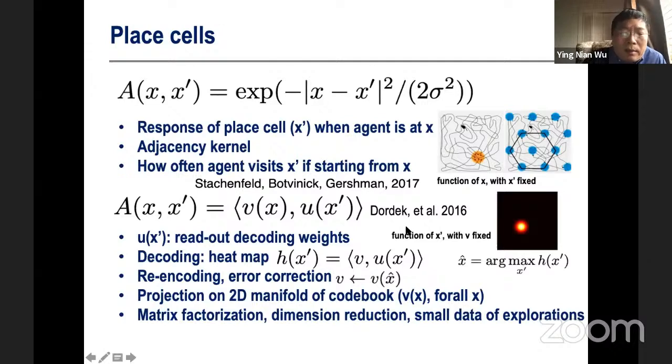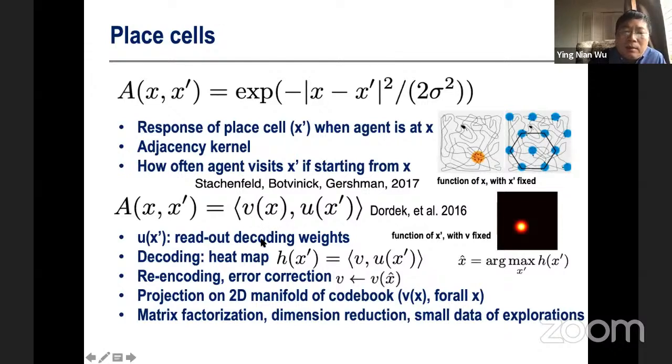A popular model for the relationship between place cell and grid cell is that we can represent a place cell by an inner product. Here v of x is your vector representation for this position x.